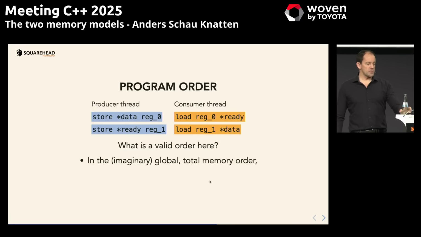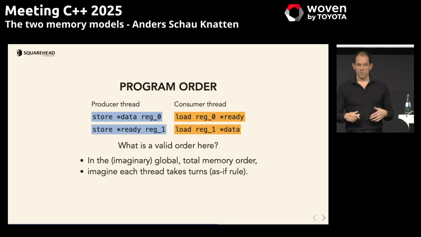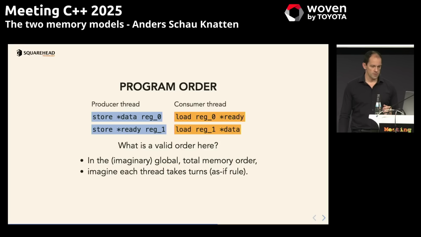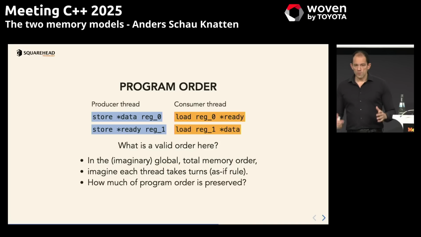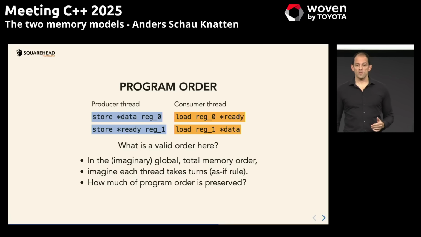In the imaginary global total order of all memory operations, imagine that each thread takes turns. It's not actually doing this, since everything is going through caches and so on, but you imagine that each thread takes turns. How much of the program order is preserved into this global total order? That's the main question of a CPU memory model.